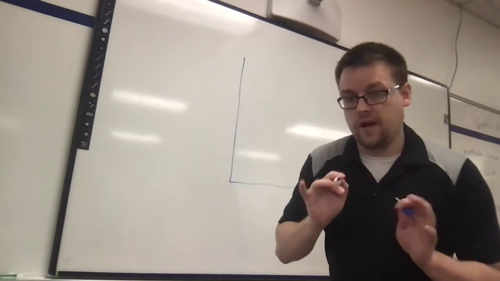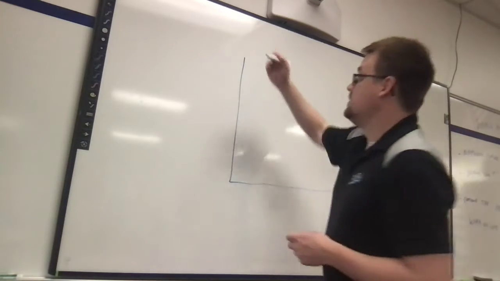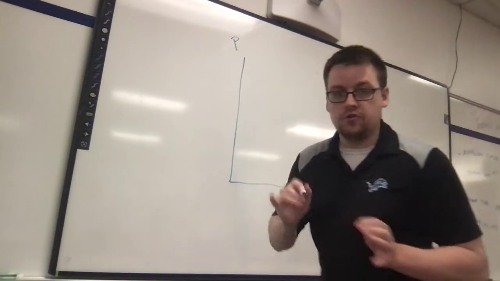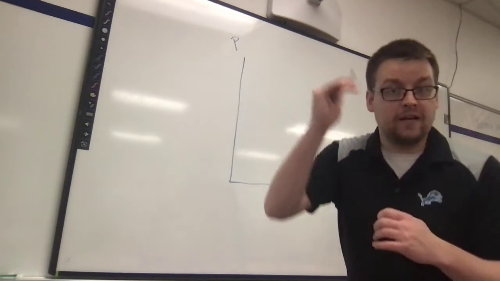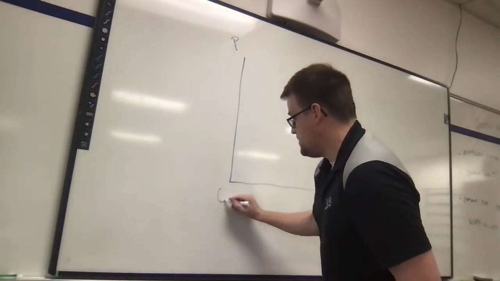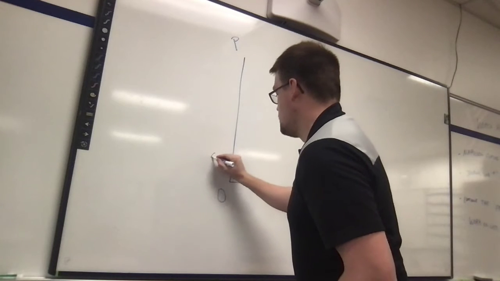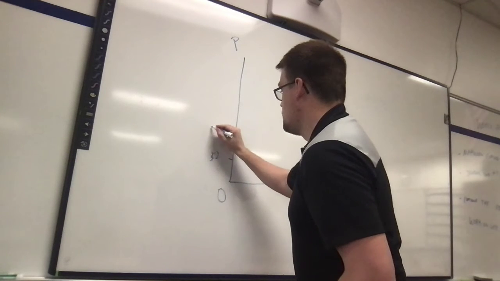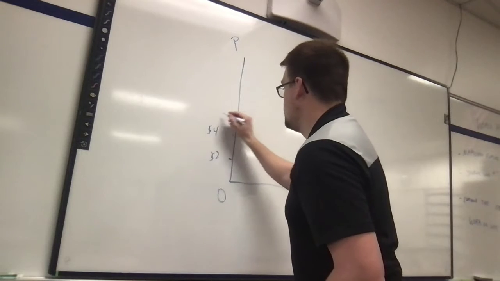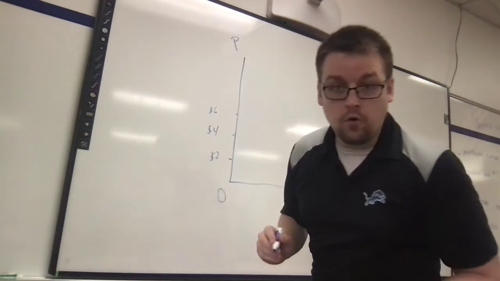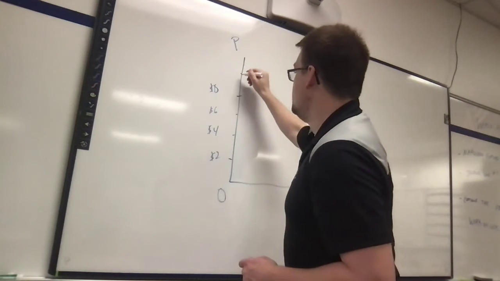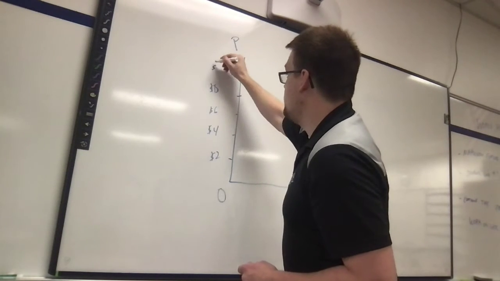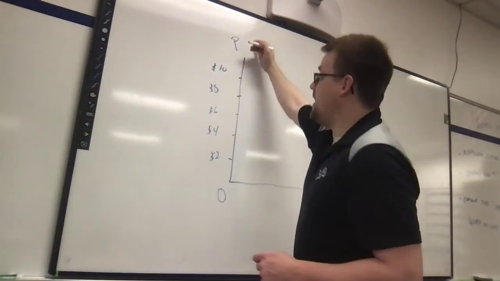We're going to put our price on the y-axis. So I'm going to create my spots in price. We'll go up by increments of 2. We'll start here at 0. We're going to have 2 bucks, 4. I apologize for the horrible handwriting. 8, and then 10. So that is our y-axis.